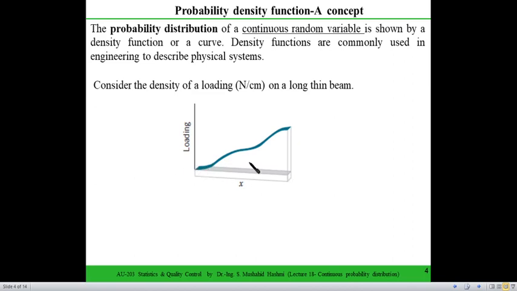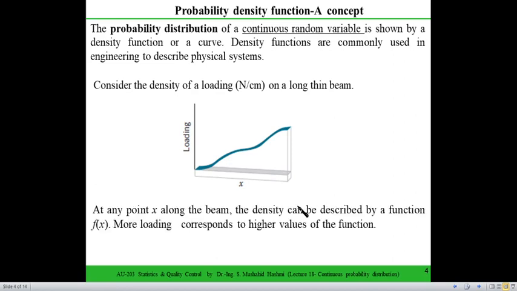As x increases, the loading is increasing, and so this variable x would be called a continuous variable, because at any point x its corresponding probability can be represented by some mathematical function, and that mathematical function we call a probability density function.